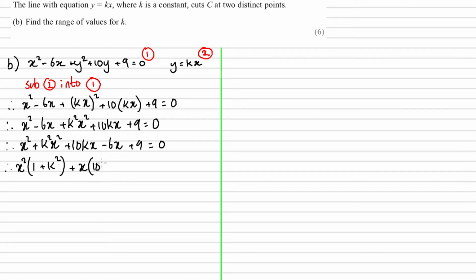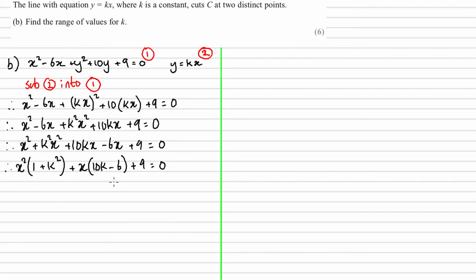So we're going to have 10k, x times 10k is 10kx. And now x times minus 6 will give us that minus 6x there. Plus 9 equals 0. This is very important here because now it makes my coefficients a, b, and c much easier to spot. So I know straight away now that a, which is the coefficient of the x squared term, is just 1 plus k squared.